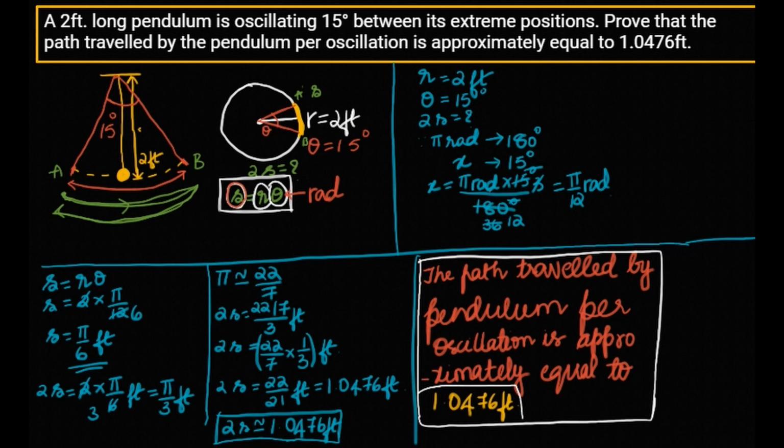So we have proved that the path travelled by the pendulum per oscillation is approximately equal to 1.0476 feet. So hence proved.